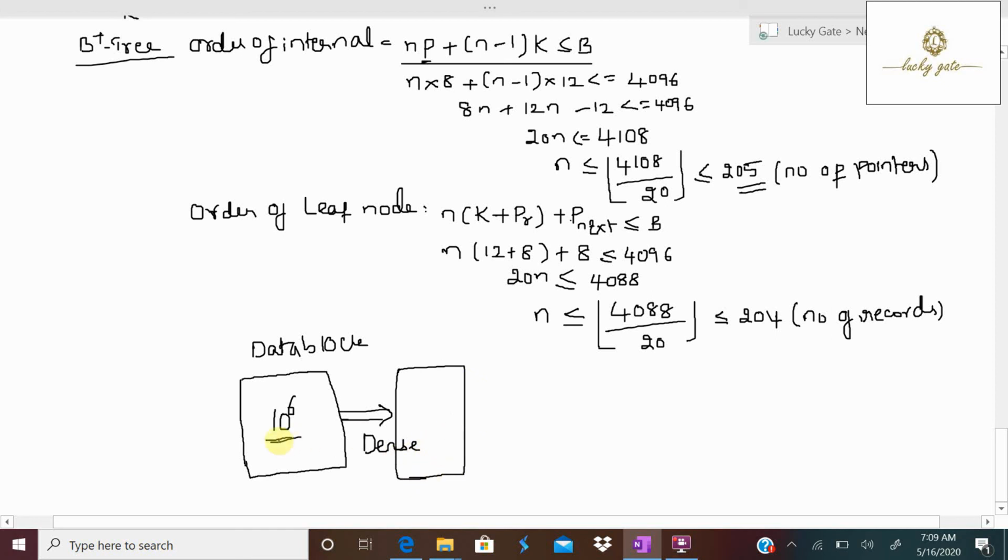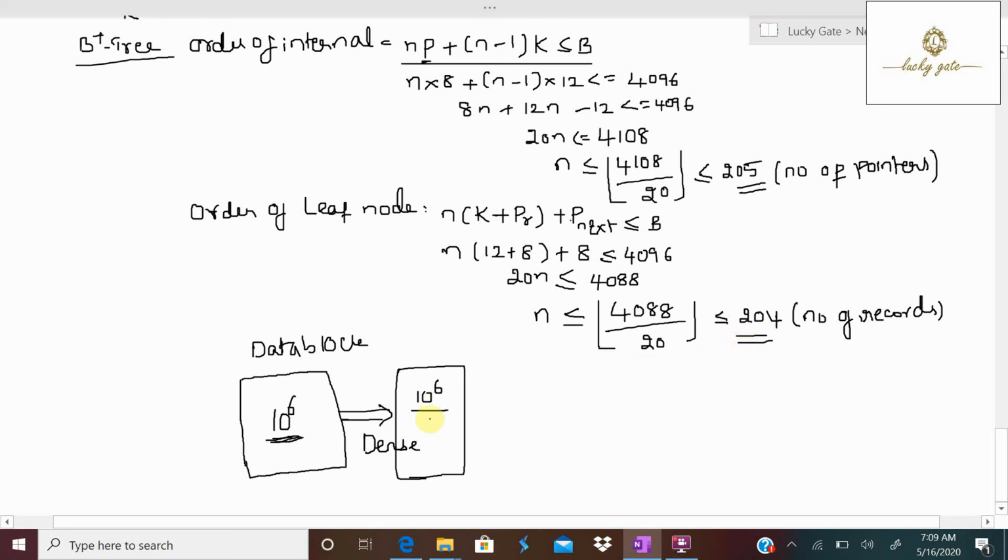So because we have 10 to the power of 6 data blocks, we have to create 10 to the power of 6 index records. But these index records are to be stored in each data block with 204 index records in a data block.